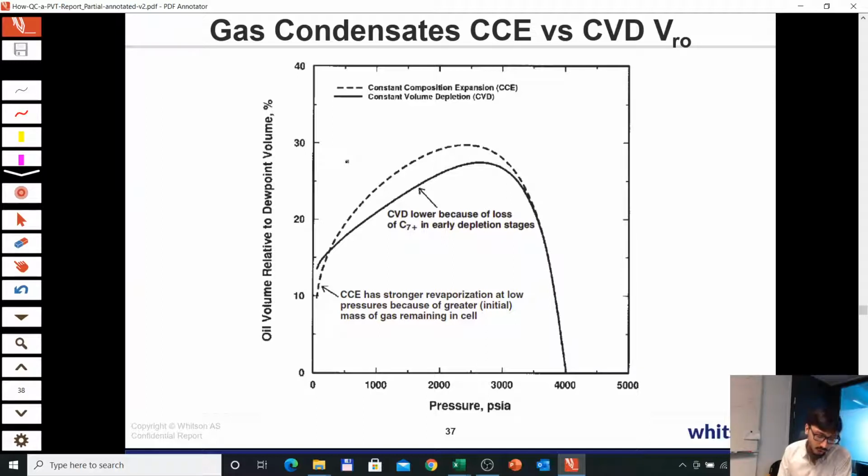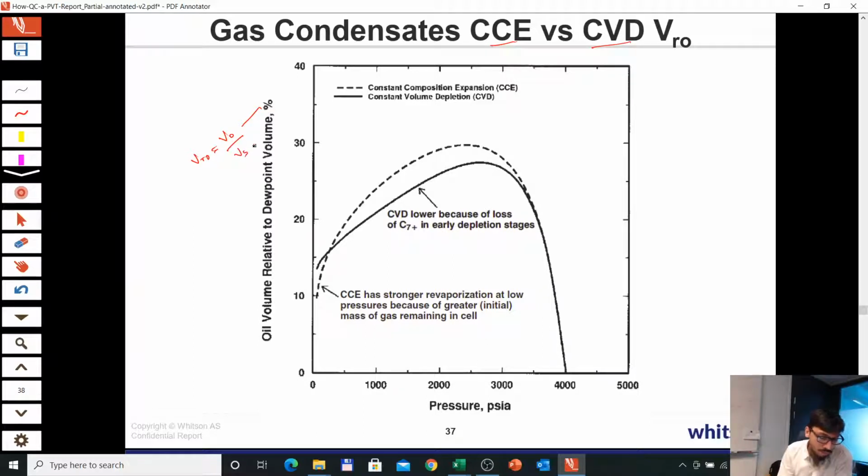This figure is showing you, if you have a CCE experiment and a CVD experiment, the relative oil volume, which is the oil relative volume to dew point volume. Again, it is important that this VRO is equal to VO over VS.